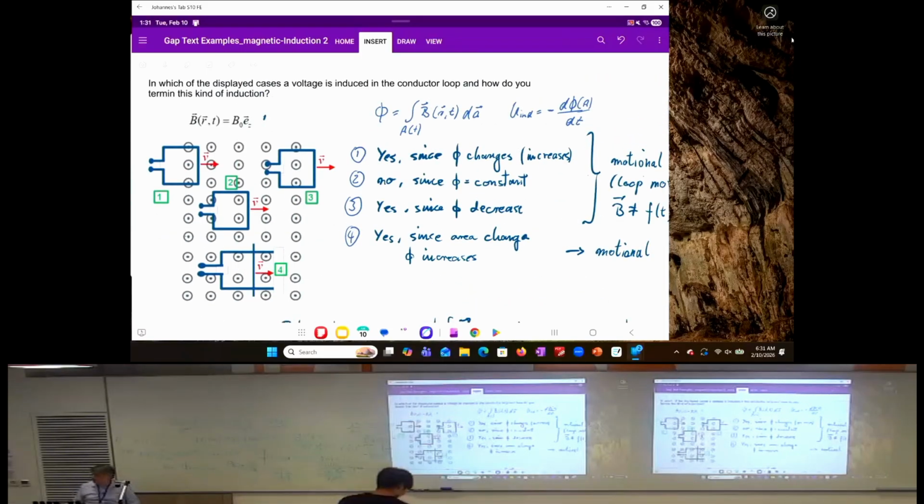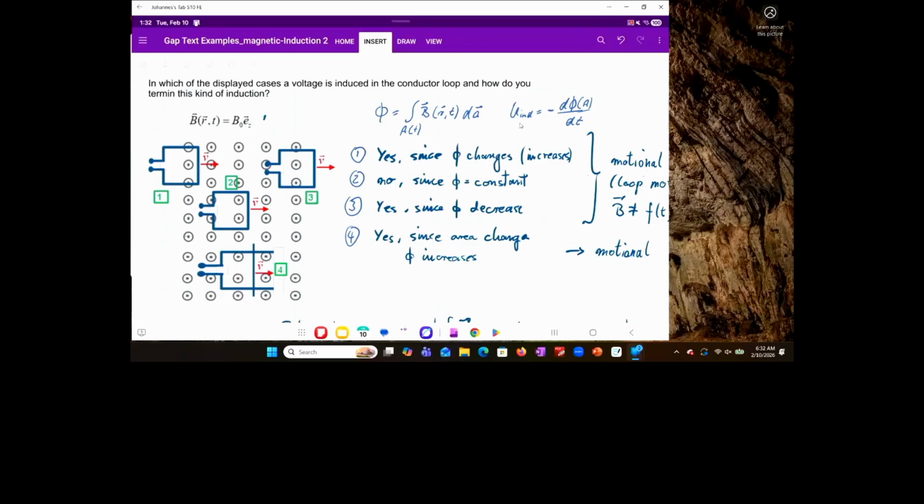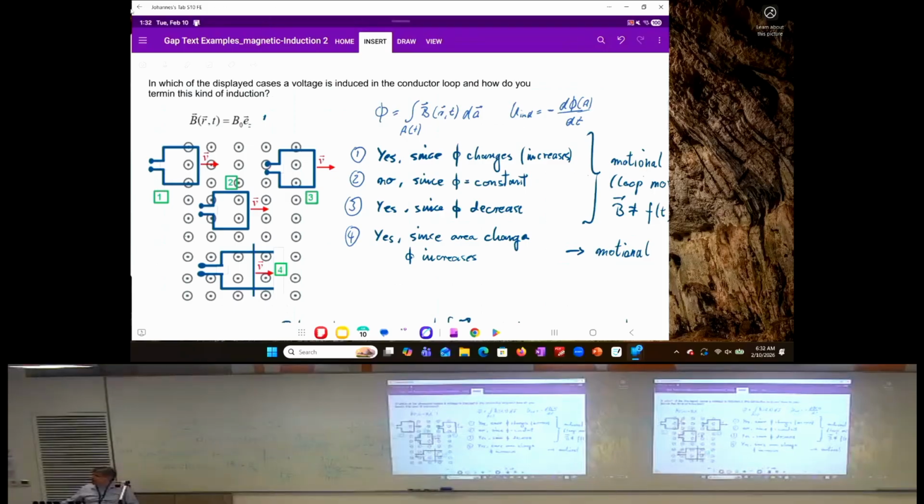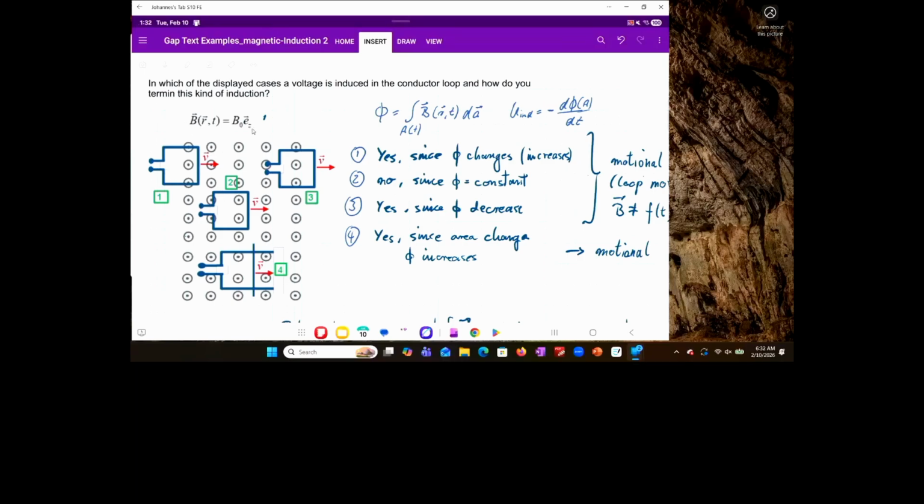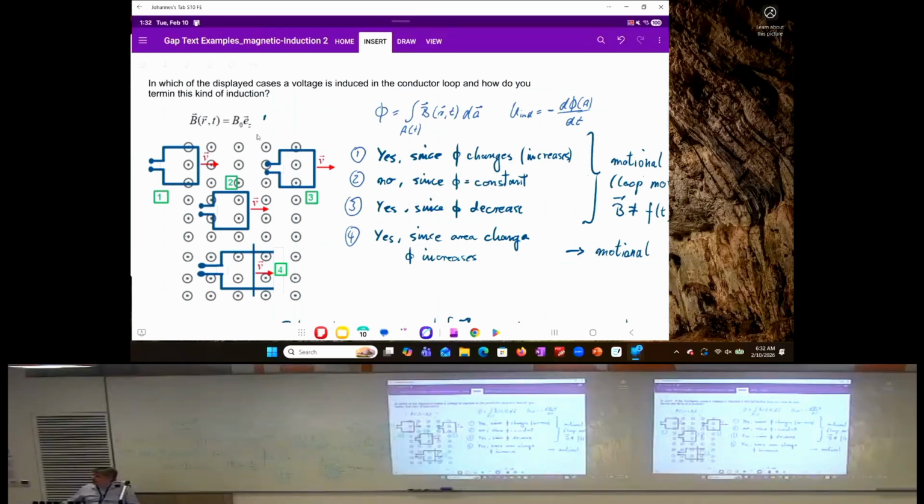So these were examples where the question was in which of these cases is there a voltage induced? And you see in this first example, we had a magnetic field that was oriented in Z direction. That meant for us it was out of the plane here.